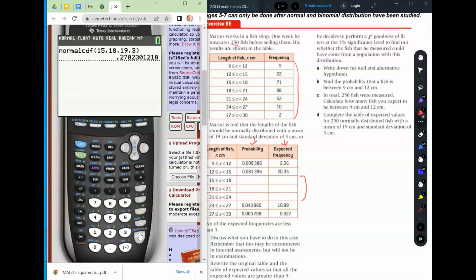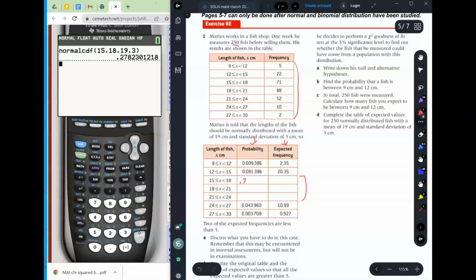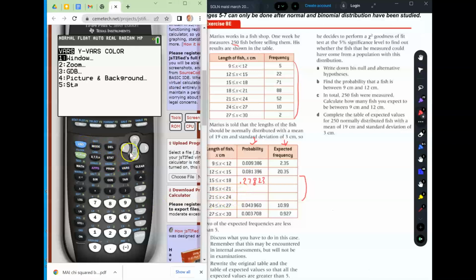It's 0.27823. So I'm going to put that here, 0.27823. I put extra significant figures because for expected frequencies, sometimes it's good to have more. Now 18 to 21. Let's repeat that with 18 to 21. The reason these problems take longer is that you do a whole bunch of norm CDFs.